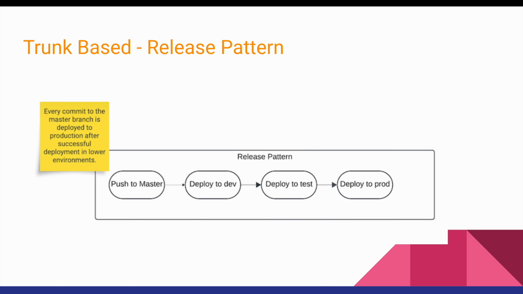So this is our trunk based release pattern, where you push to master and it will go to production in sequence, and every commit to your master branch is deployable to production. We have integrated all the test, health check configurations, and any kind of smoke testing that you want to include after the deployment is successful. So in this video we will be focusing on the trunk based release pattern.